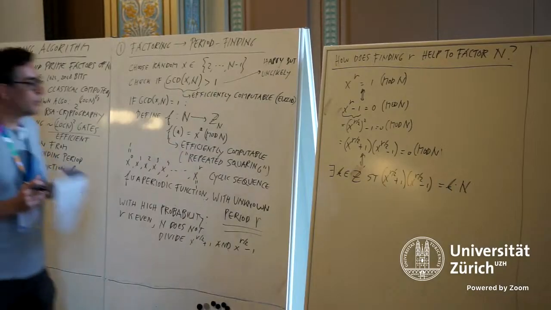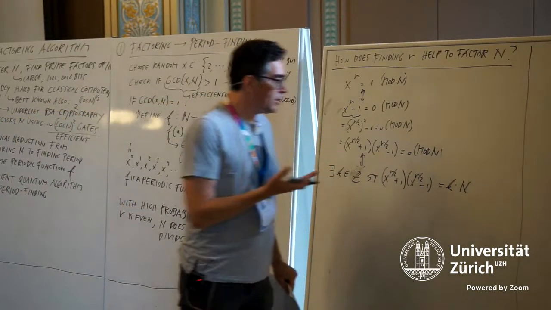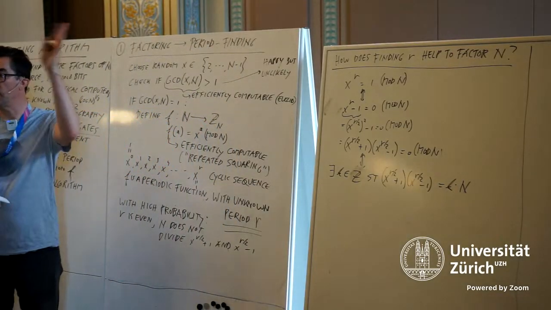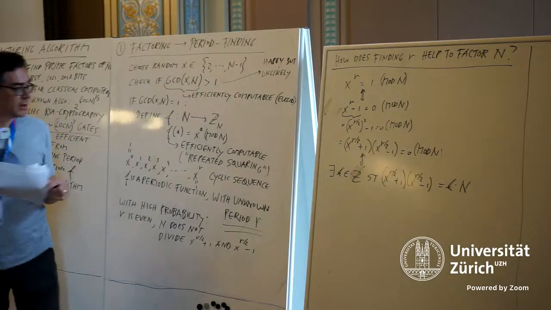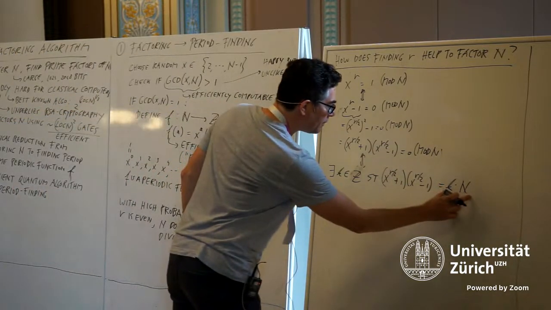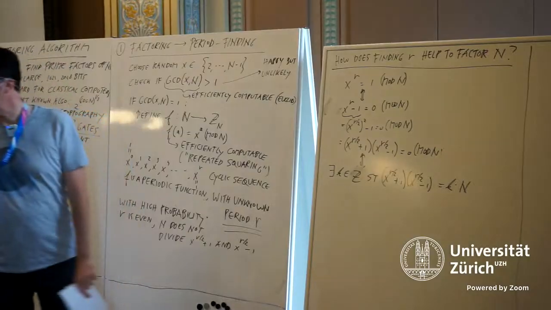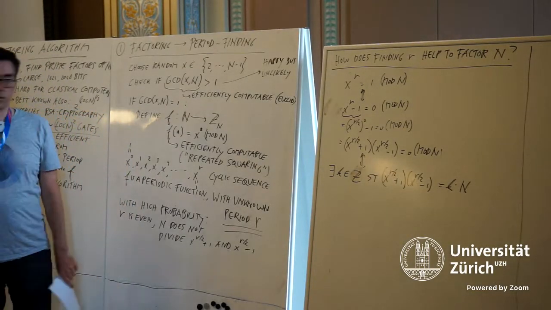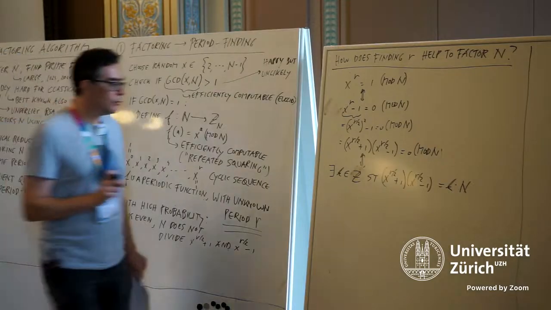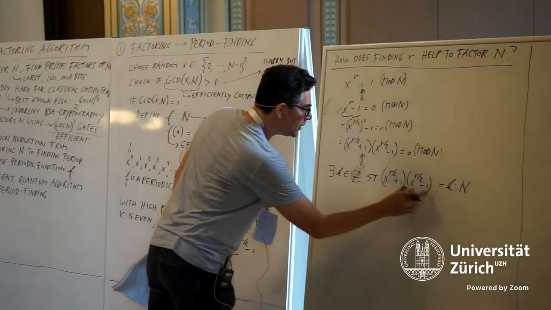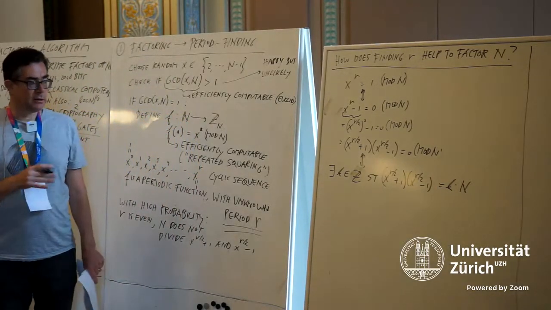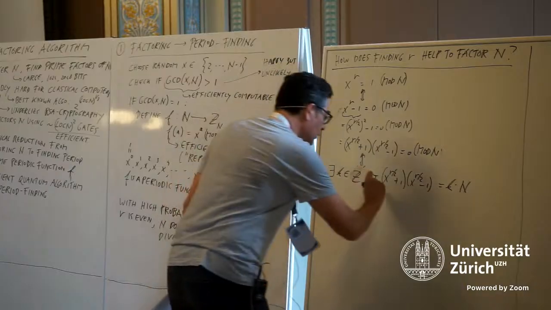But the point is that if you think about the factors of capital N, right? Think of the simple case, for instance, where N is the product of two primes, P and Q. Those factors must occur here because every number has a unique factorization into prime numbers, including the number k times N. And that means that the factors of capital N, they also must occur either in here or in here. So all the factors of capital N, they occur on the left-hand side.